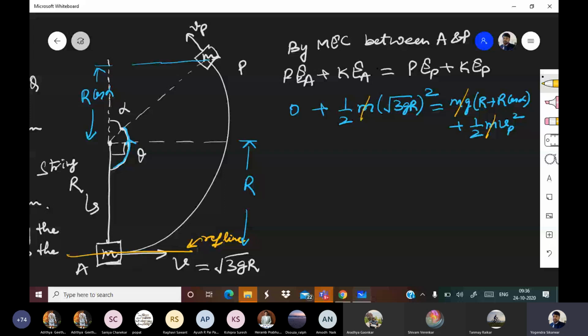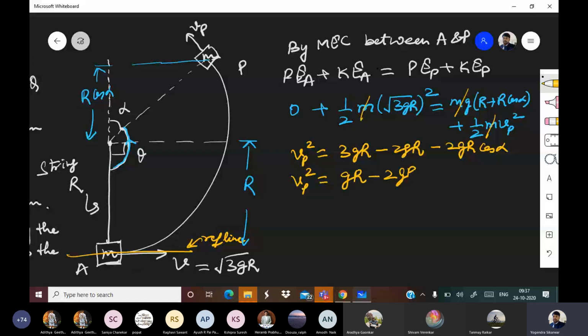So what we are left with, Vp square is equal to 3gr minus 2gr minus 2gr cos alpha. Okay. So Vp square comes out to be gr minus 2gr cos alpha. That is equation number 1, right?